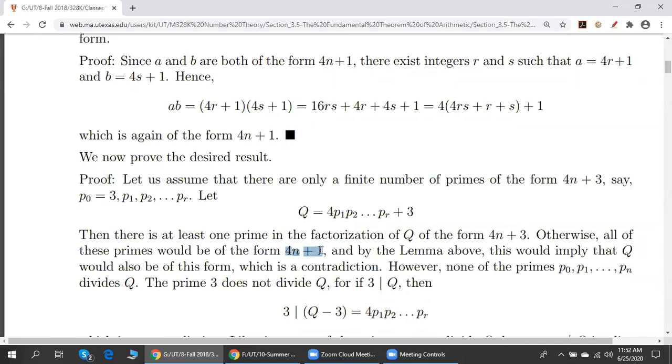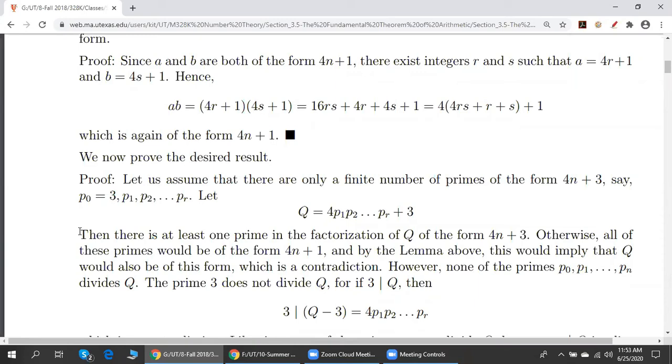But if every prime factor of Q is of the form 4n plus 1, by the lemma above, Q is of the form 4n plus 1. But Q is of the form 4n plus 3. And by the division algorithm, the remainder is unique. An integer cannot be of the form 4n plus 1 and 4n plus 3 simultaneously. Conclusion, there is at least one prime factor of Q of the form 4n plus 3.